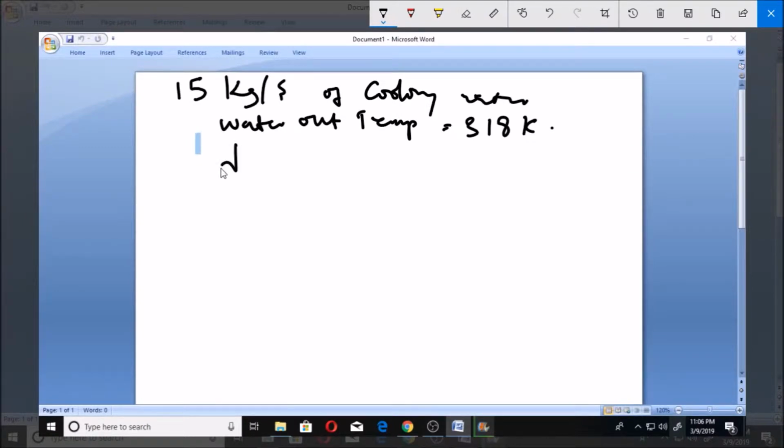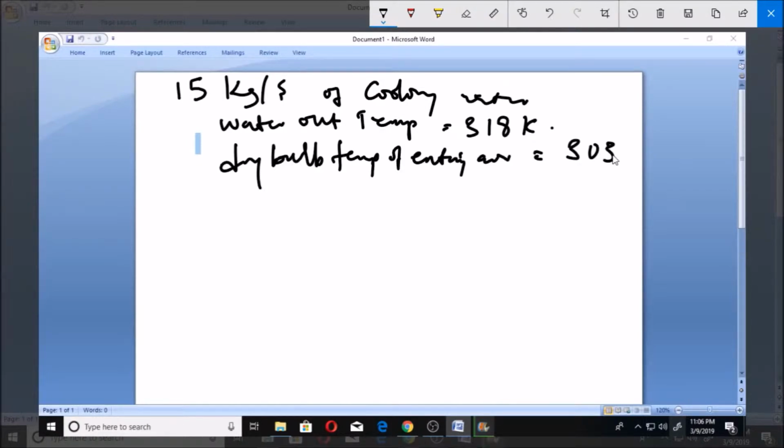303 Kelvin, and its wet bulb temperature is 297 Kelvin.